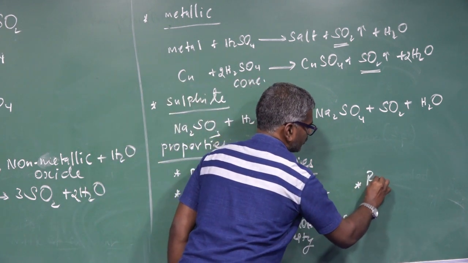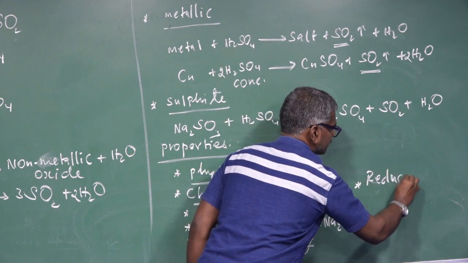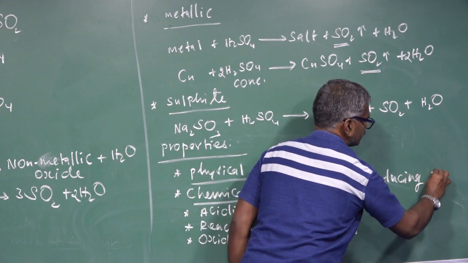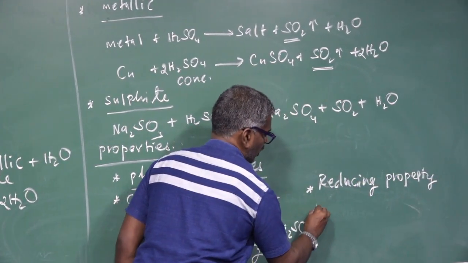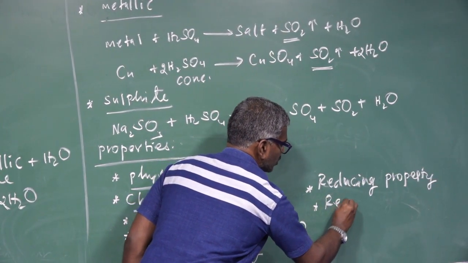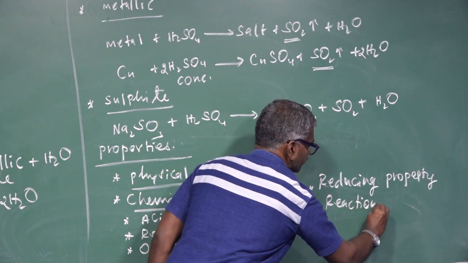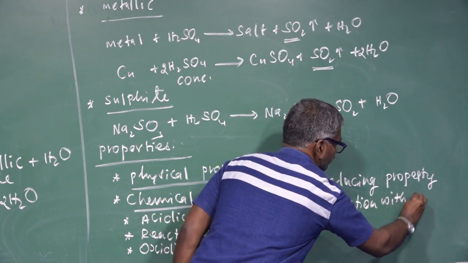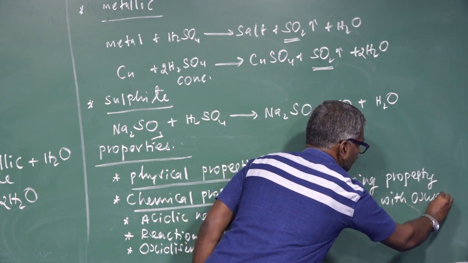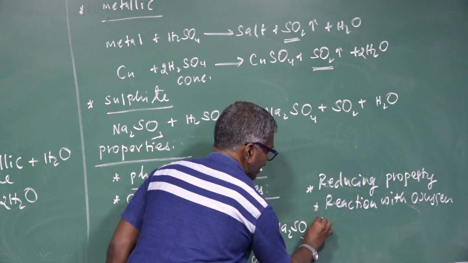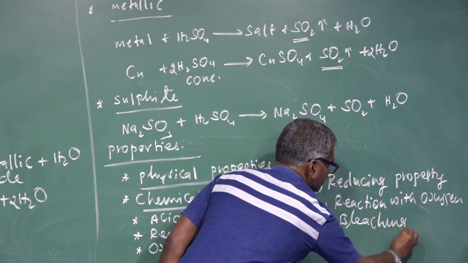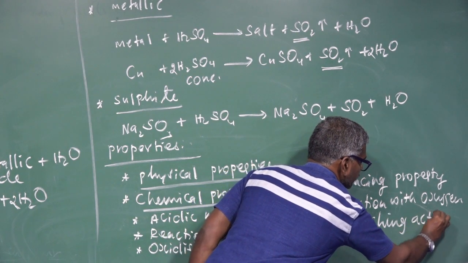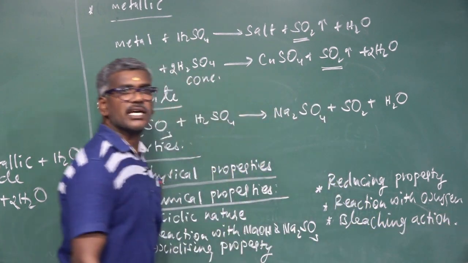Fourth one, reducing property. Another one, reaction with oxygen. Finally, bleaching action. These are the chemical properties.